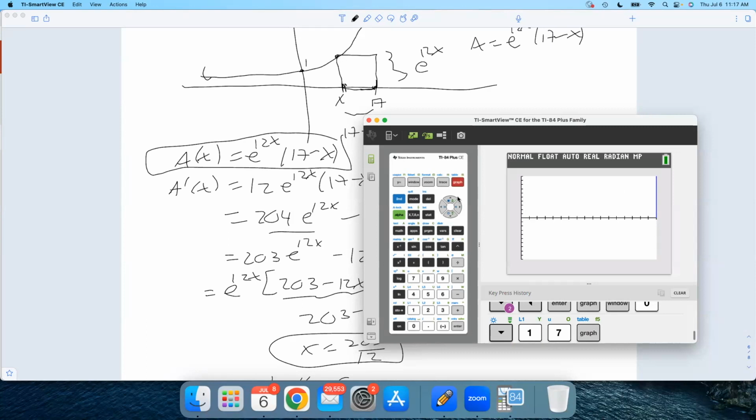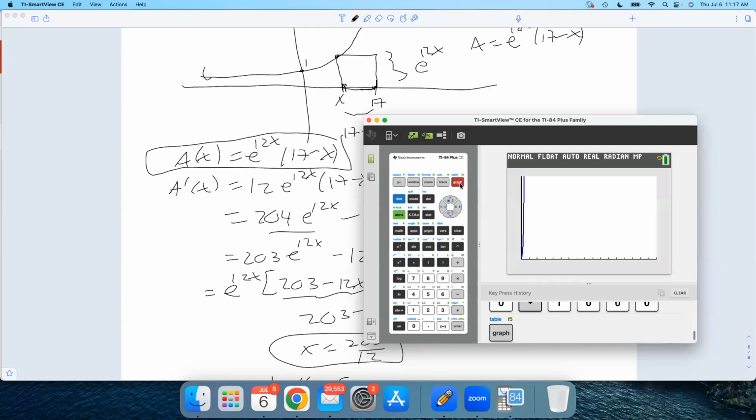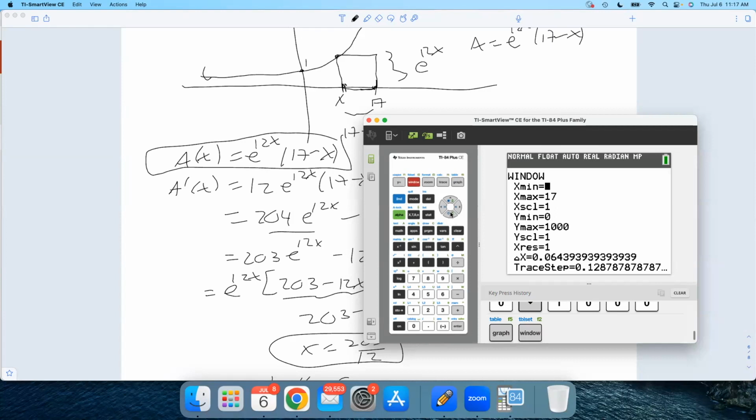My y values are gigantic. So I'm going to need to make my y values bigger. I know they can't be negative. Maybe we'll go up to 1,000 just to get a picture here. Still not big enough. So my y values are gigantic. Like just for, I've already come this far. Let's go a little further.